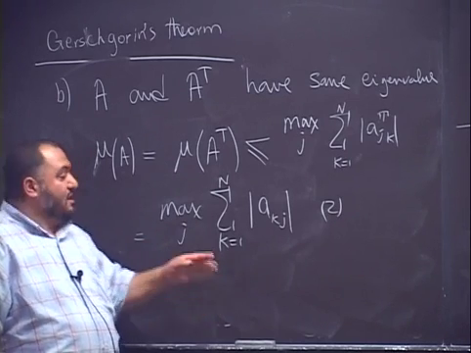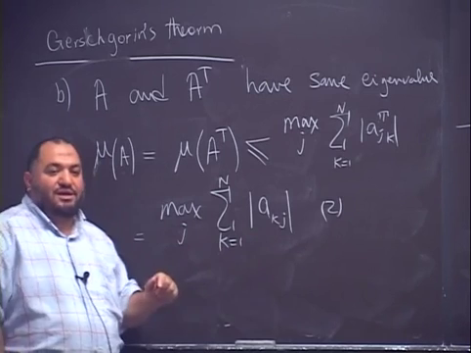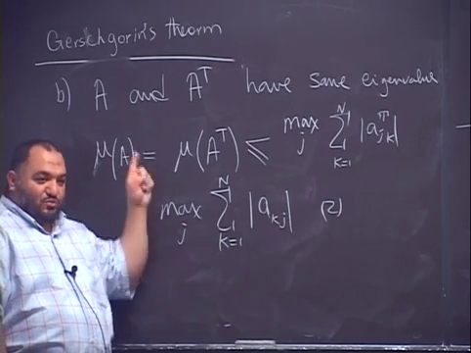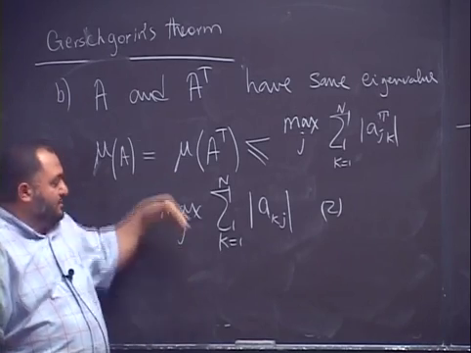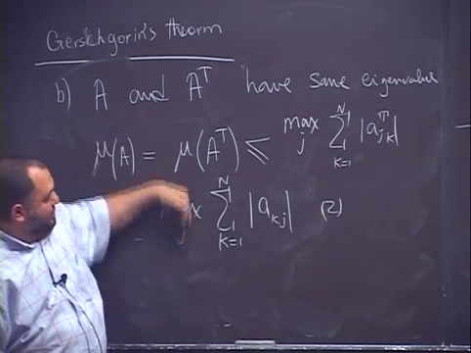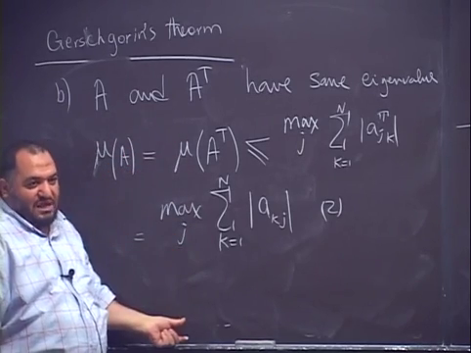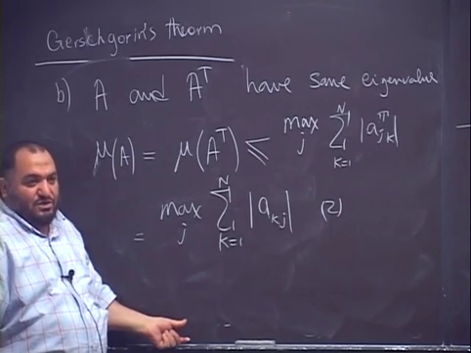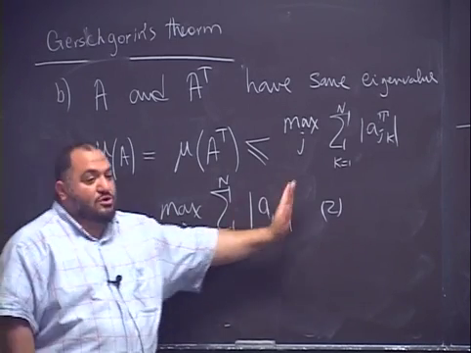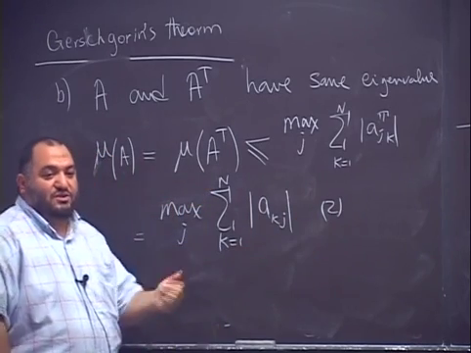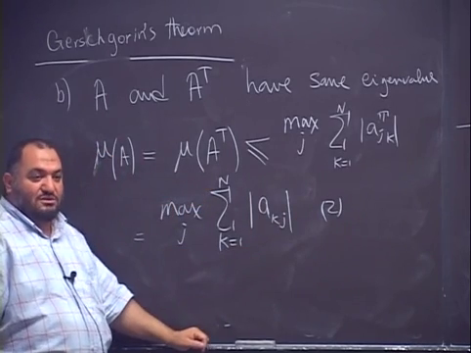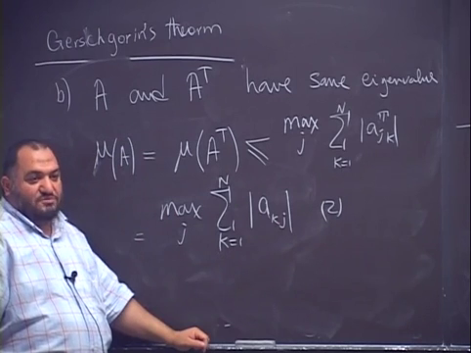Yes? But this is telling me that I can do exactly the same but with the columns. So I will look at each column, and I will add each column to get a value at the end, and then pick up the maximum of the summation of each column, and this will give me an upper bound for the spectral radius.